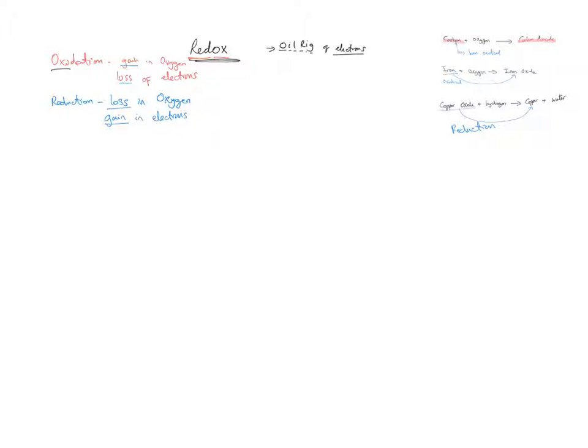Let's start with magnesium 2+, and when it reacts, it turns into magnesium. So we need to understand what this is trying to say. Well, magnesium 2+ is magnesium, but it's lost 2 electrons.